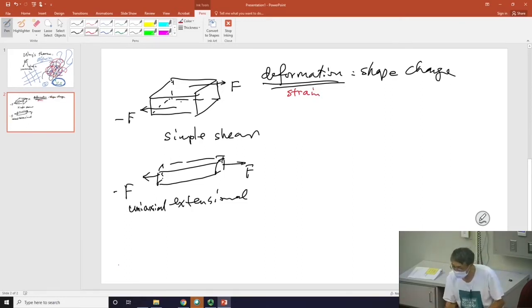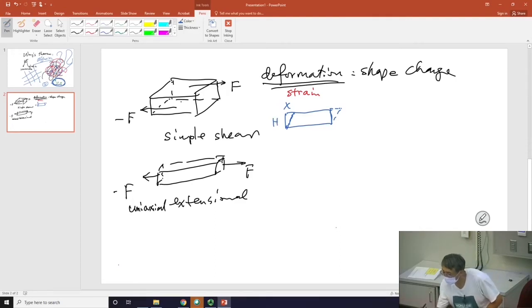And in each case, in the first case, this deformation, for example, I move my upper surface. I hold the bottom surface fixed. I move the upper surface by a distance x over a height of h. Then the amount of shape change is x over h.